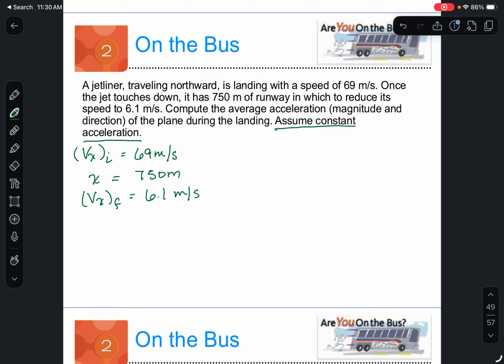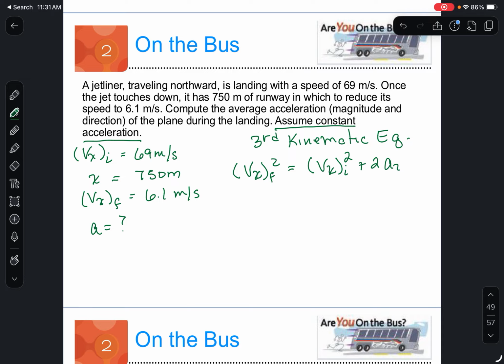So since we're given velocity and position, and we're looking for acceleration, we're going to use the third kinematic equation. And that third kinematic equation is the final velocity squared equals your initial velocity squared plus 2 times the acceleration times delta x.